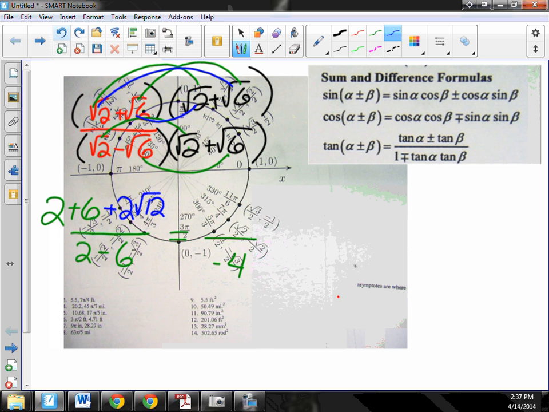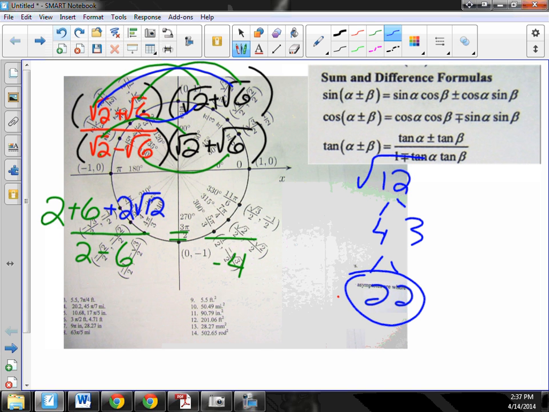But does root 12 contain any perfect squares? What perfect square goes into 12? 4. And remember, if you factor it out, 4 and 3, 2 and 2, do I have any pairs? I can pull out a 2, but I already have a 2 sitting out there.